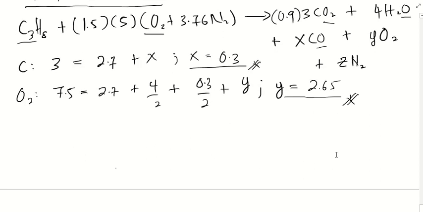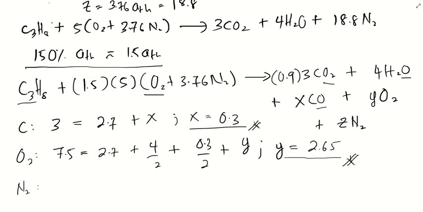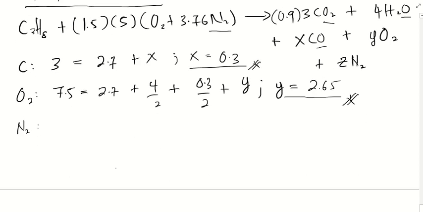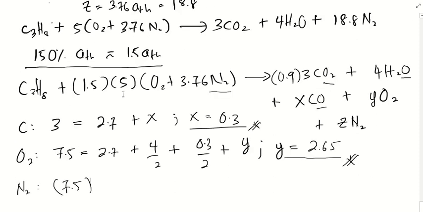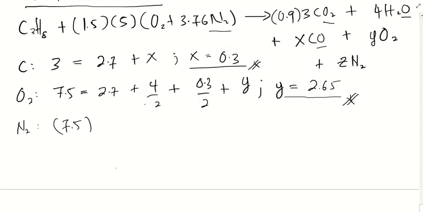Next we go for nitrogen. So nitrogen at the left hand side is 3.76 multiplied with 1.5 multiplied with 5, which is 7.5, and then multiplied with 3.76.